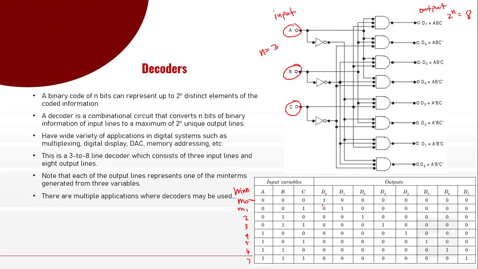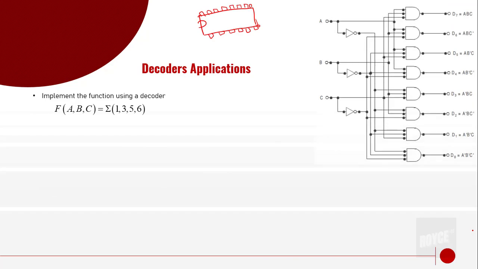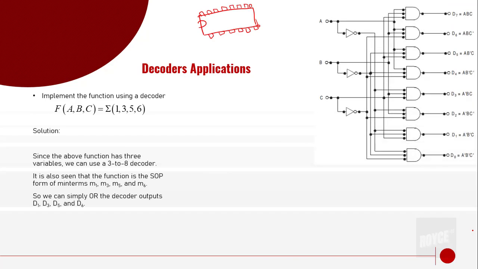Tama? So, M0 is, ayan. And so on. So, pwede ko rin palang sabihin na pagka ang nabanggit niya dito, minterm 1, that is D1. Diba? Minterm 3, that is D3. Minterm 5, that is D5. And minterm 6, that is D6.